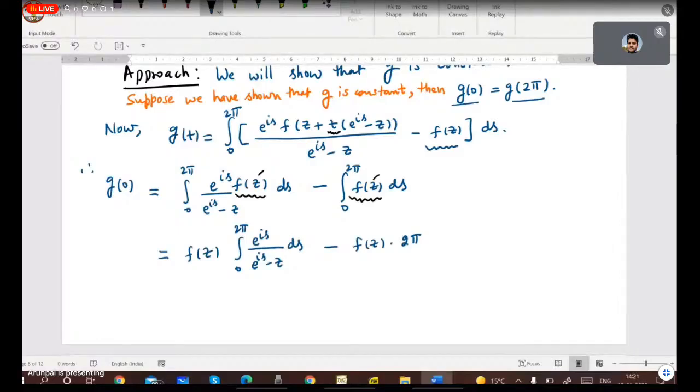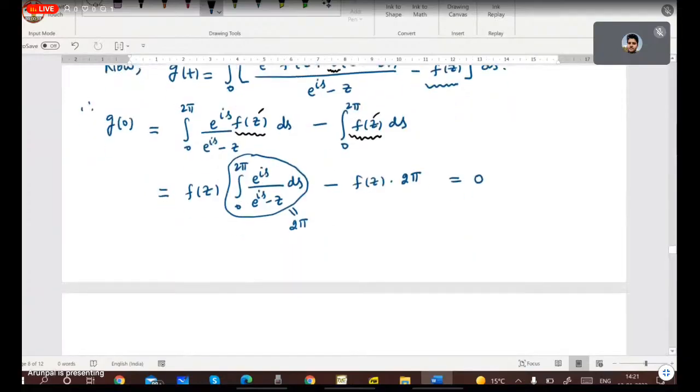Is this okay, class? And what is the value of this integral? 2 pi, very good. So ultimately you get 0. So the value of g at 0 is 0.